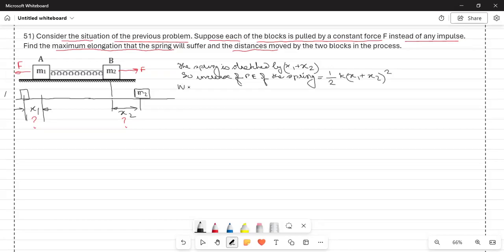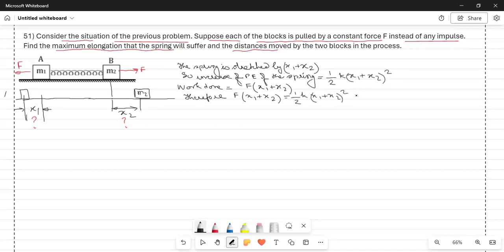So, the work done is equal to the force F into (x1 plus x2). Therefore, F into (x1 plus x2) is equal to half k (x1 plus x2) whole square.